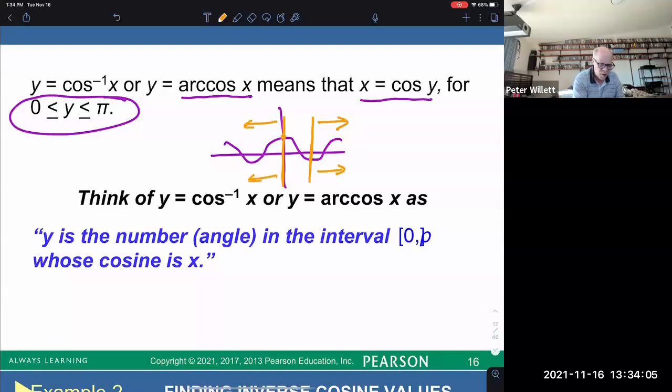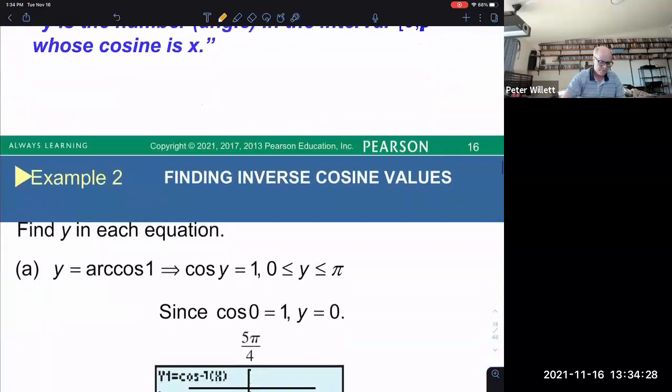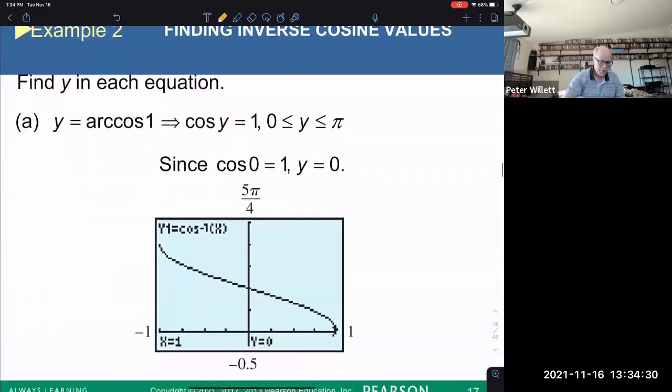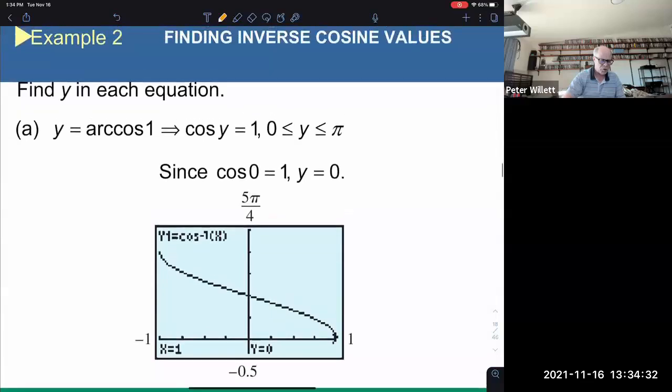And then they got a 1 all the way down to a -1 and all the values in between. So they restricted the domain of the cosine function to be between 0 and pi. And so now the answers you will get, the range values for inverse cosine, will only be angles between 0 and pi.